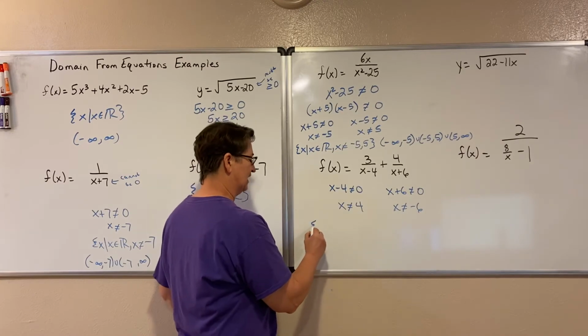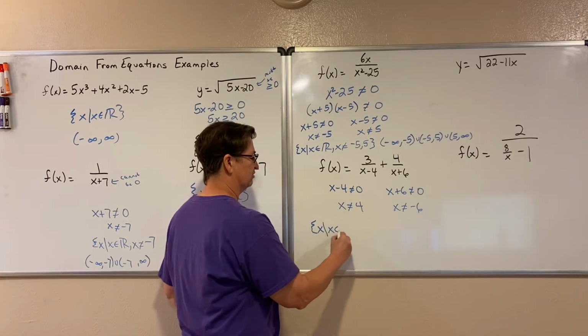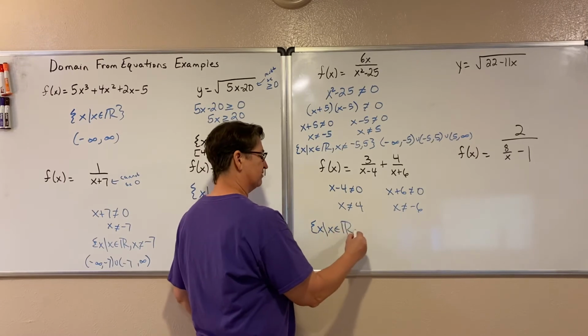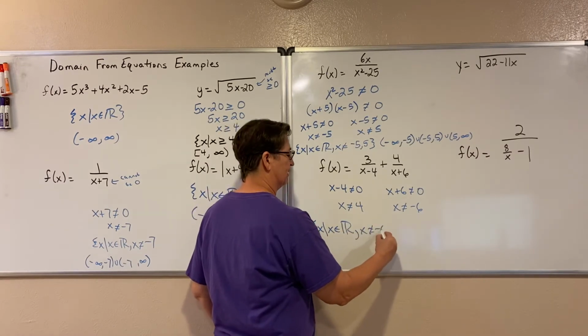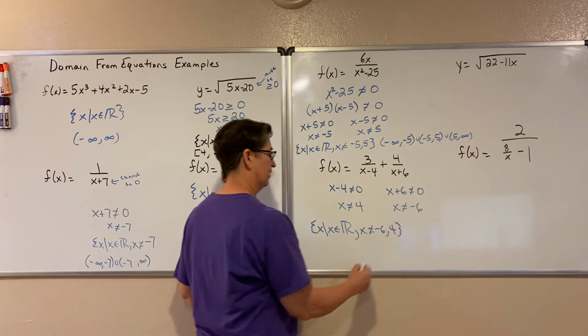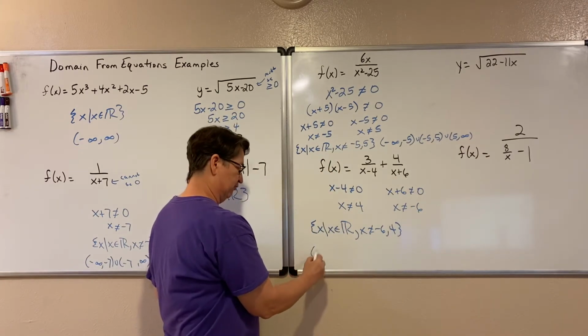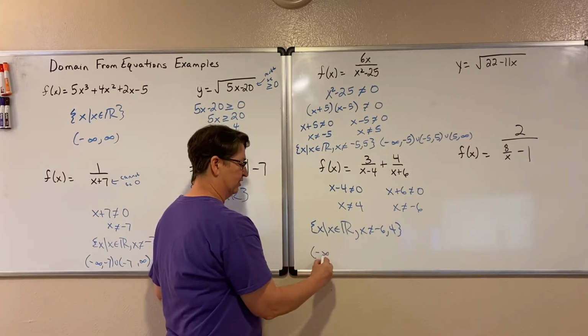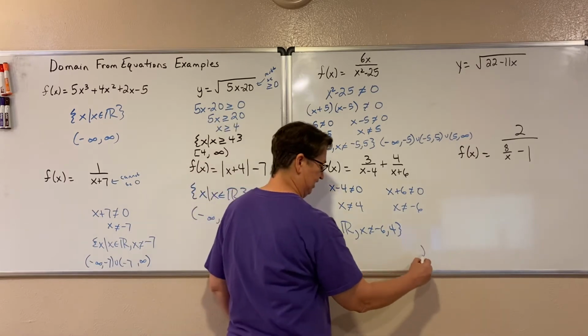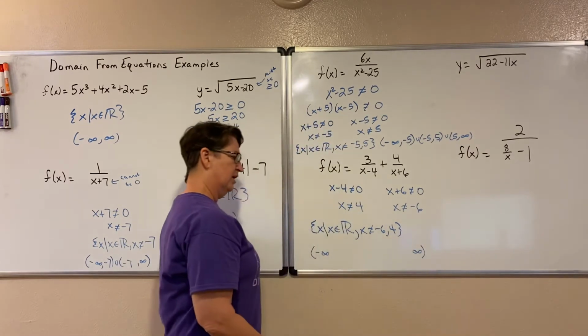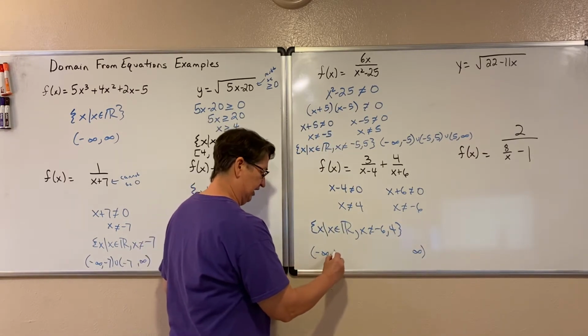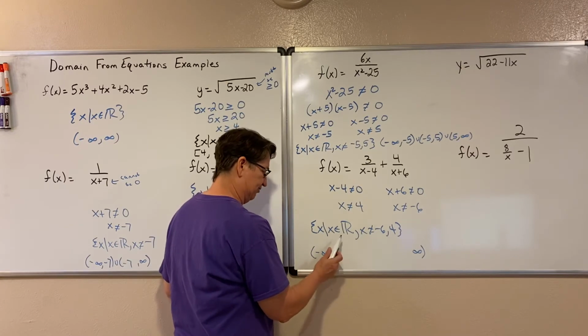So my domain here in set builder notation, X can be anything. It just cannot be -6 or 4. And in interval notation, I can go from negative infinity to positive infinity. I just have an interruption in the graph at -6.